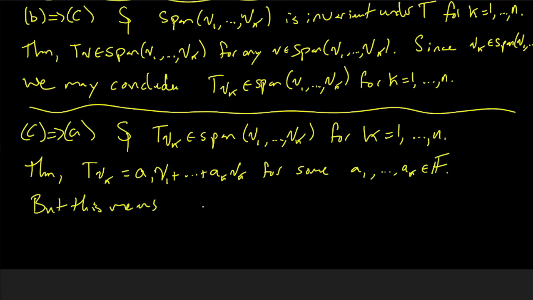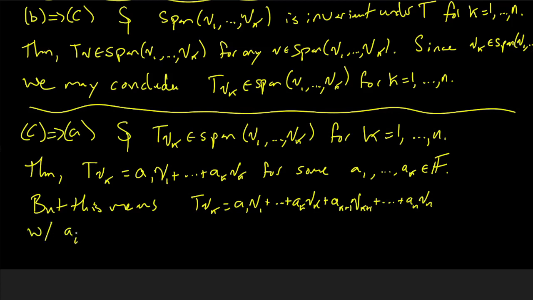But this means T vk is equal to a1 v1 plus dot dot dot all the way down through ak vk plus, I will write it in the following way that is maybe not entirely correct, but is reasonable to say, plus a_{k+1} v_{k+1} plus dot dot dot all the way down through an vn with ai equal to 0 for i greater than k.